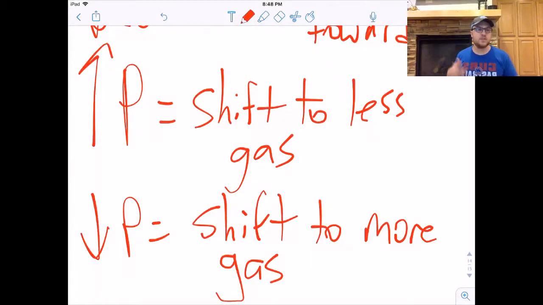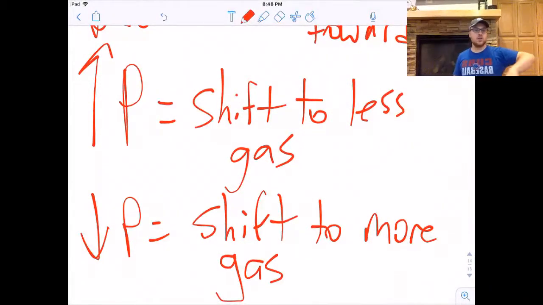And in this reaction, if I increase the pressure, I look here, I see 1 N2 and 3 H2 for a total of 4 moles of gas on the left side. And over here, I see 2 NH3 and some heat. So there's 2 moles of gas on the right side.